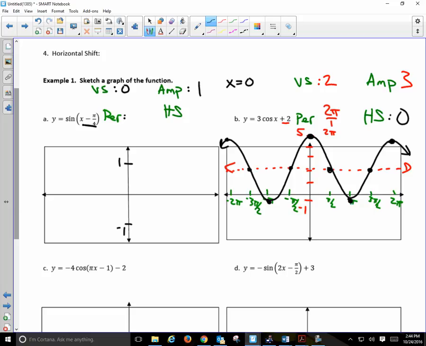To get the period, I take 2 pi and I divide it by 1, which is 2 pi. So I'm going to mark off 2 pi and divide it up into 4 parts for my 4 quadrants.